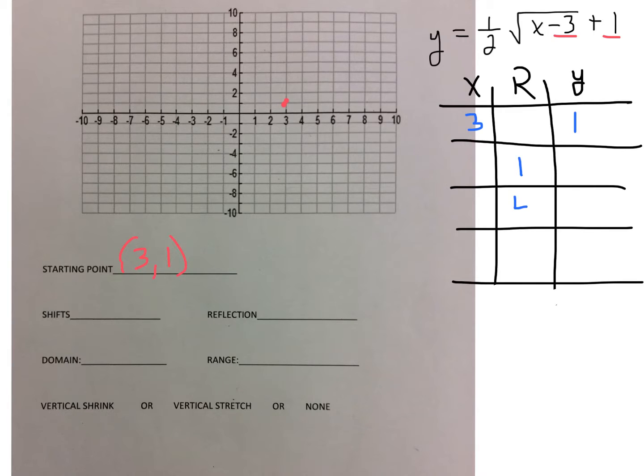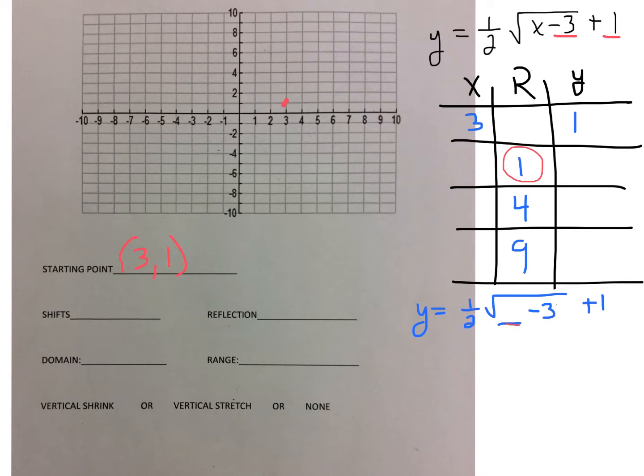X, radical, y. So we have the coordinate 3, 1. 1, 4, 9. Now, y equals 1/2 radical something minus 3 plus 1. So now we have to start thinking. I want 1 under the radical.